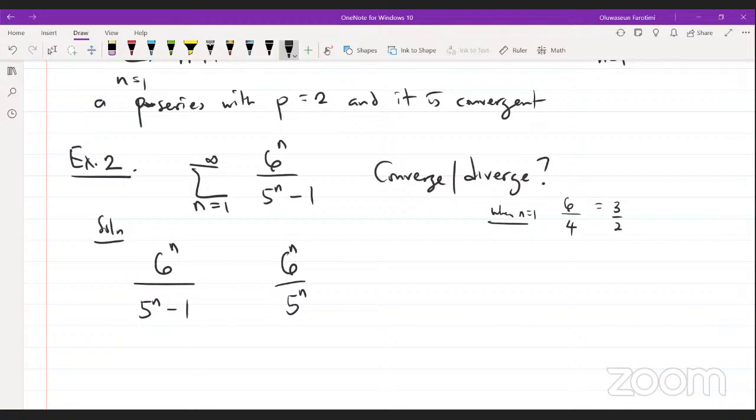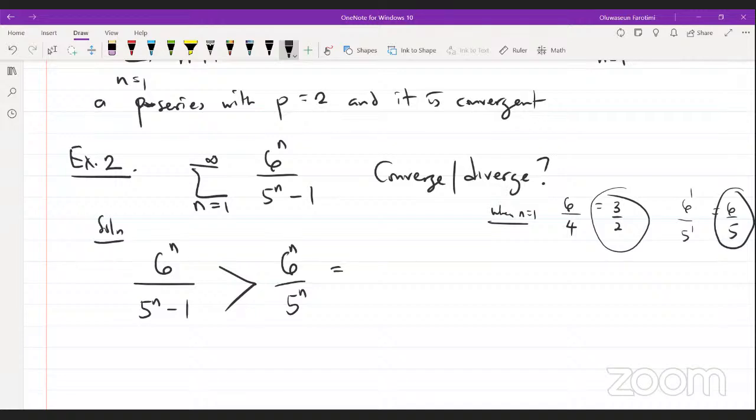Now, when n is 1, for this case, I'm going to have a 6 to the power of 1 divided by 5 to the power of 1, and that's a 6 over 5. 6 over 5 and 3 over 2. Which one is bigger? 3 over 2 is actually bigger. So this guy is going to be greater than.